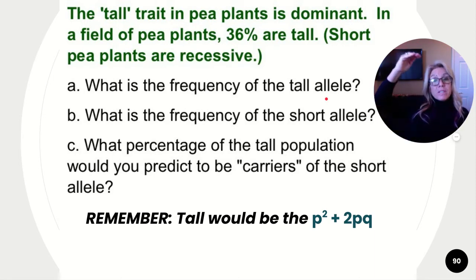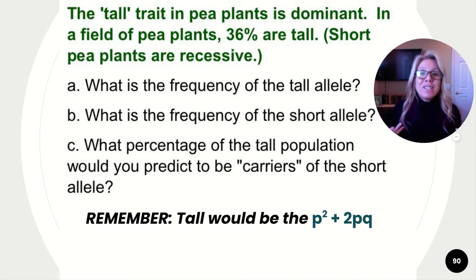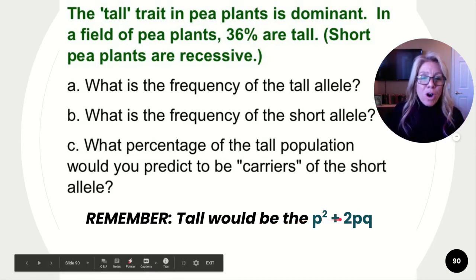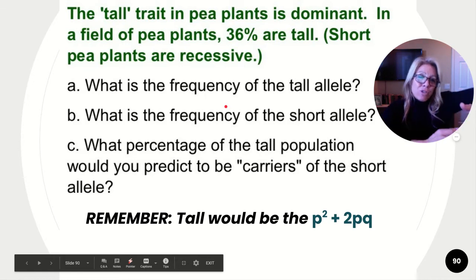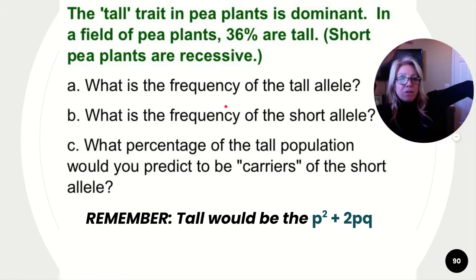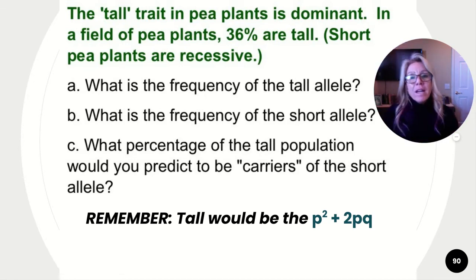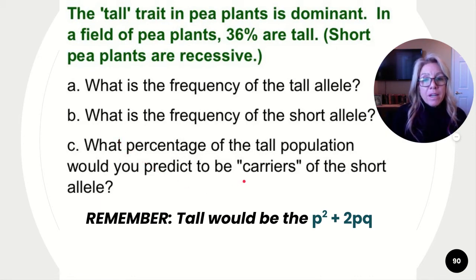When I say 36% are tall, they've either got to be PP or PQ, right? Because P is dominant over Q. Remember, tall would be P squared, or the 2PQ part of that equation, right? So what is the frequency of the tall allele? I'm trying to figure out what's in their gene pool if this many are tall, right? And how many would be carriers.